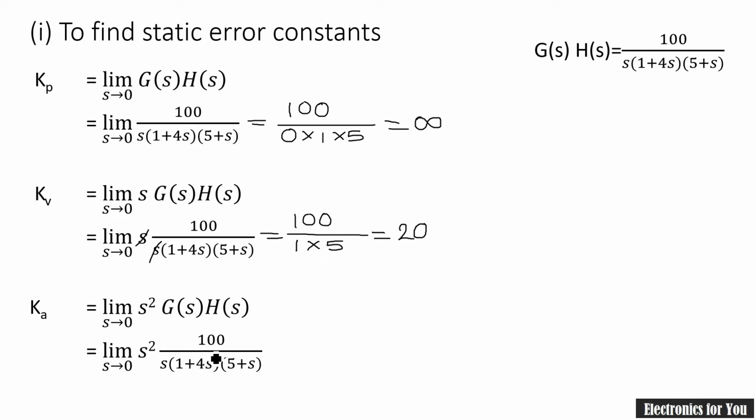And for Ka, this s and one s from s square get cancelled, and 0 multiplied by anything, let it be 20 in this case, so Ka equals 0. So in this way we get Kp equals infinity, Kv equals 20 and Ka equals 0. These are our static error constants.